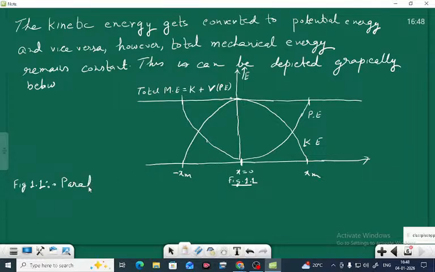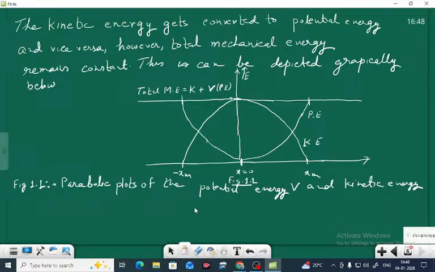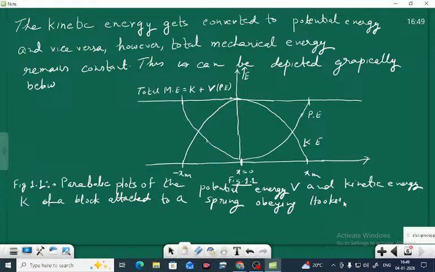Figure 1.1: parabolic plots of the potential energy V and kinetic energy K of a block attached to a spring obeying Hooke's law.